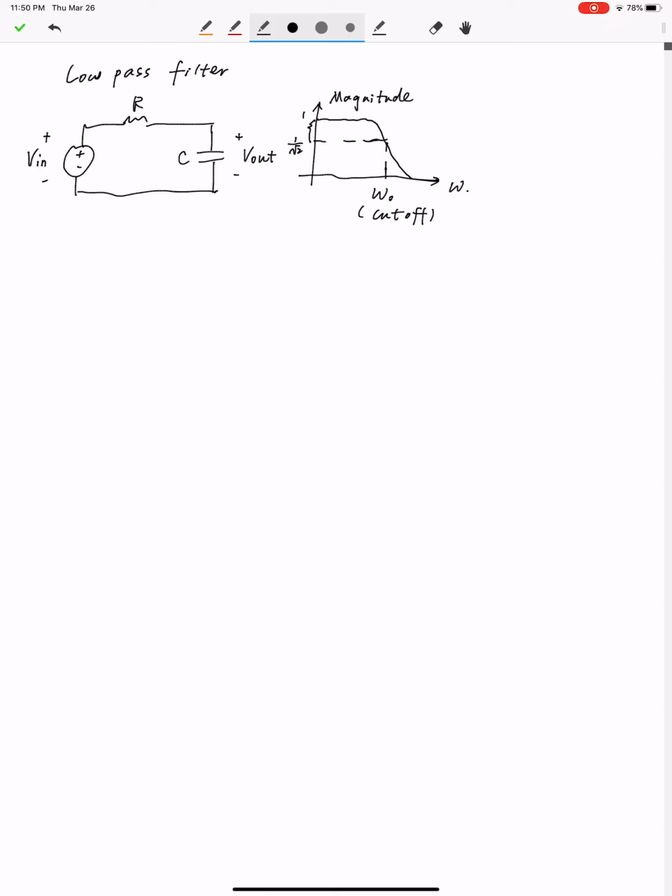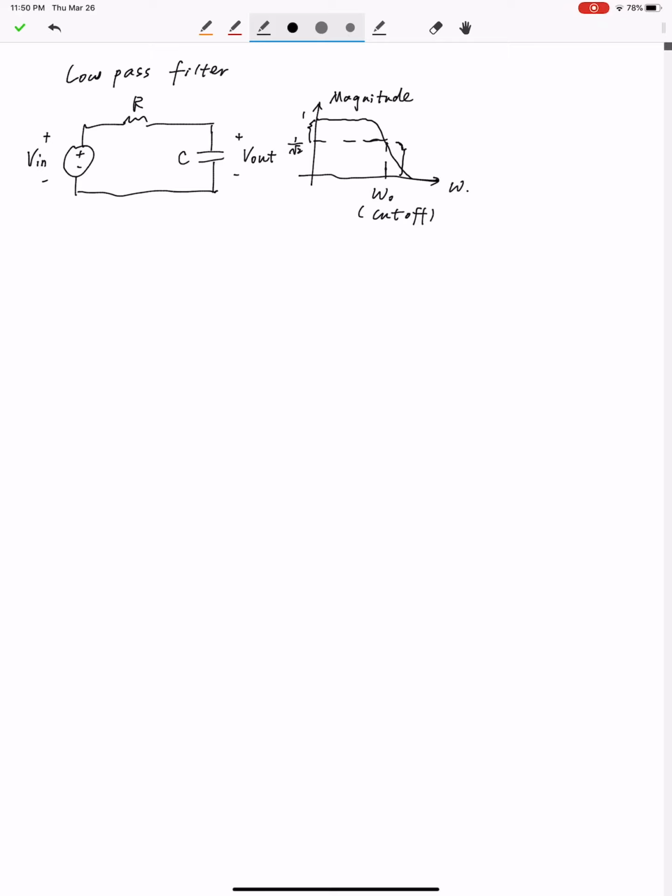And when the frequency is above the cutoff frequency, the magnitude is below 1 over square root of 2, which is defined as the low magnitude. So as I mentioned last time, a low pass filter can be imagined as a switch.